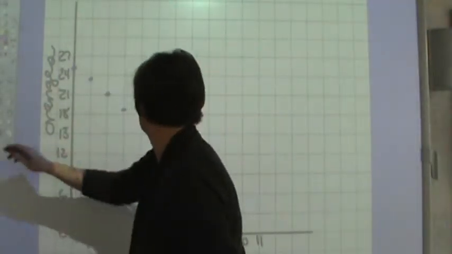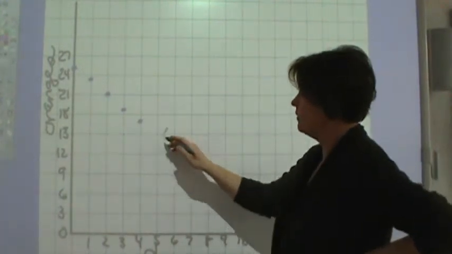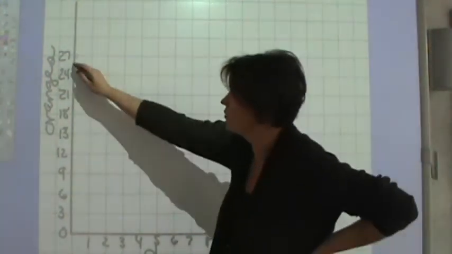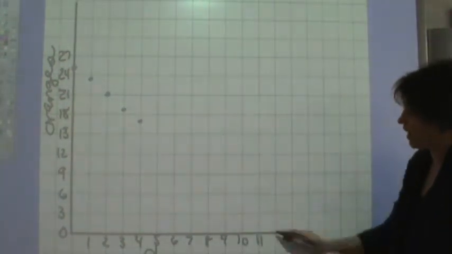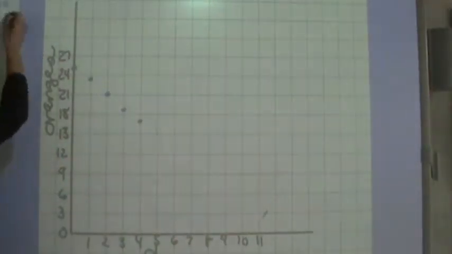Oh, it's down a little further. 15, 16, 17. Okay, and we're just going to keep decreasing by 2 oranges. All right, you can see how that would make a straight line. And then once we get down here, we can figure out how many days that would take us. Okay, you can plot that out.